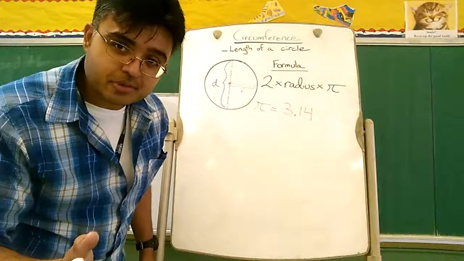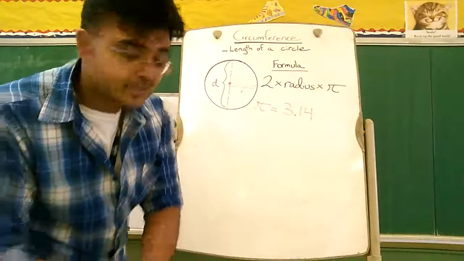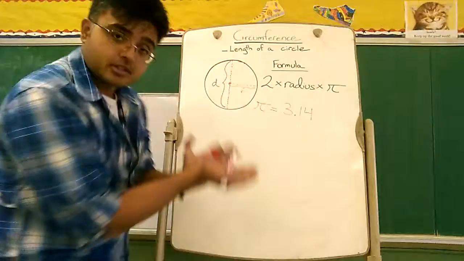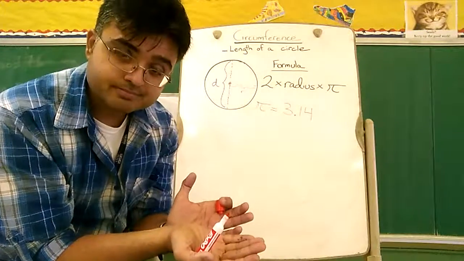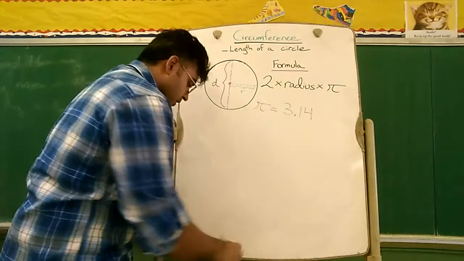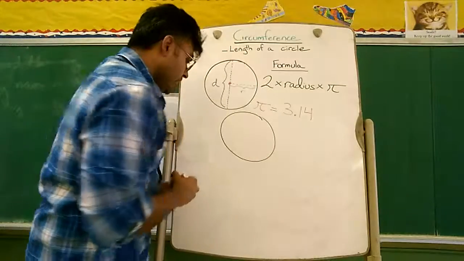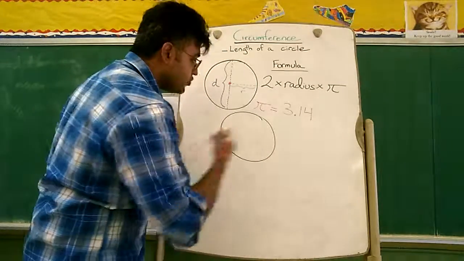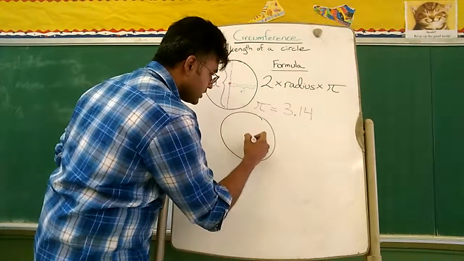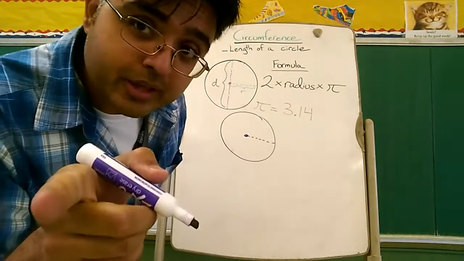So using this information, we can now calculate the circumference, the length of any circle. Let's take an example. Here is a circle, and I'm going to give this circle a radius of, what number would you like? 9?